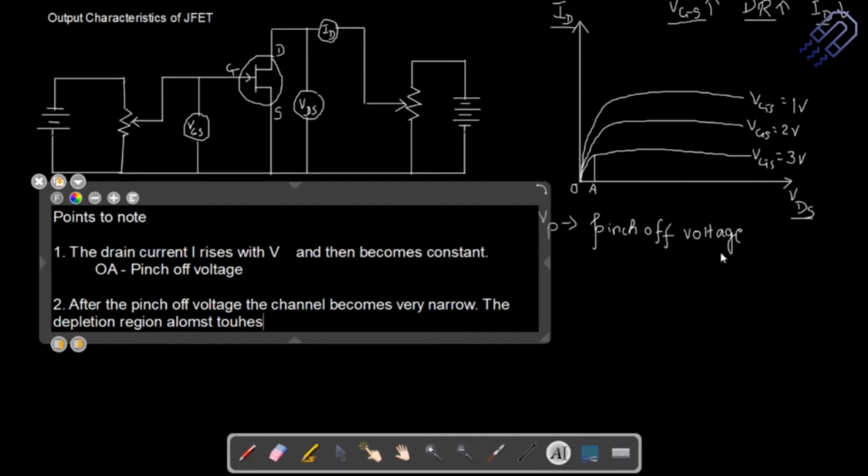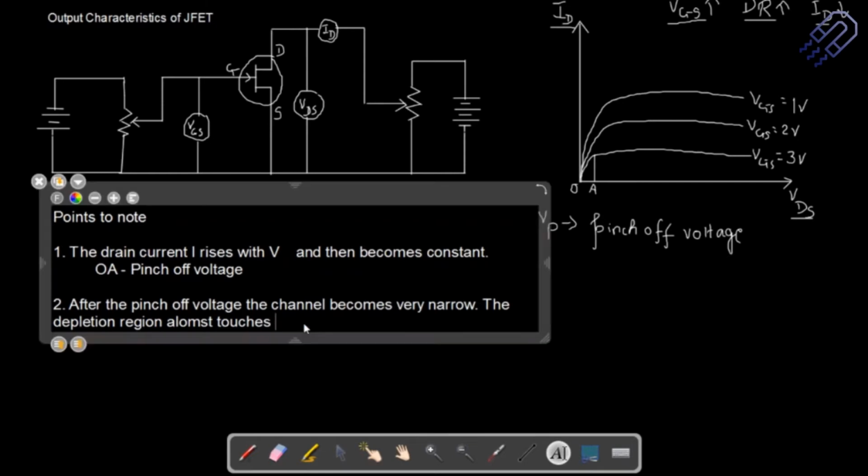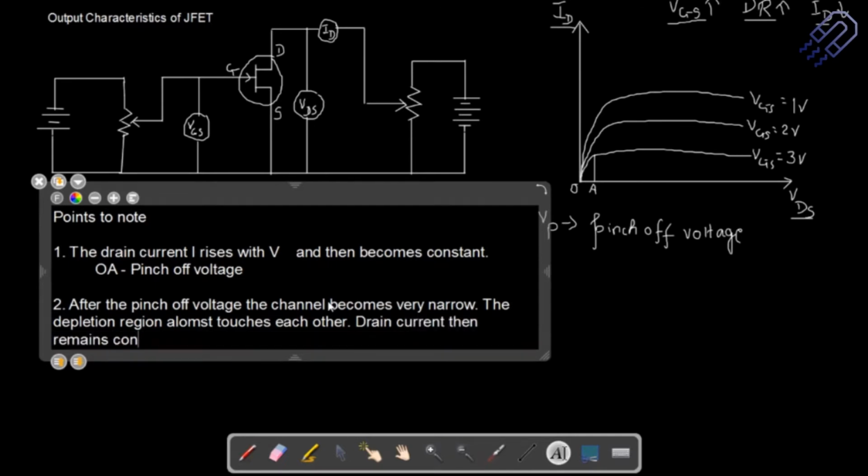If it's so narrow, the chances of charges flowing will be minimum. The amount of charge that flows now will be more or less constant, and as a result we can say that the current is constant here. So the drain current then remains constant.